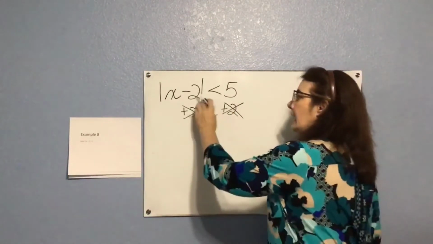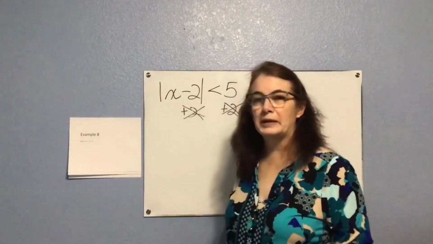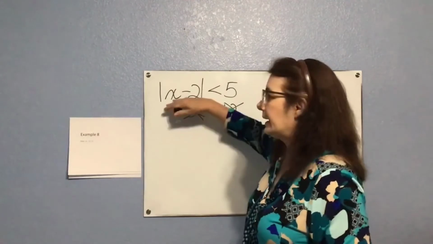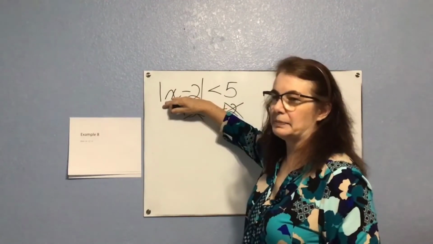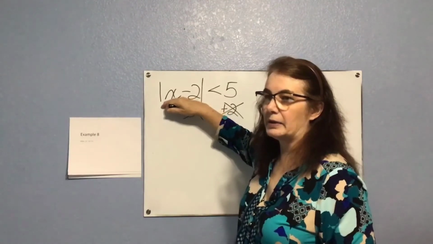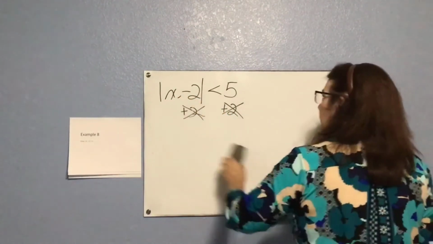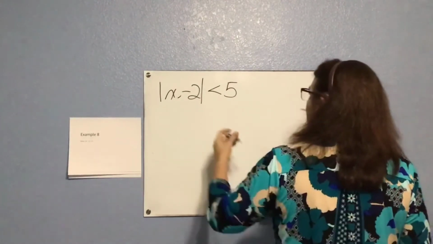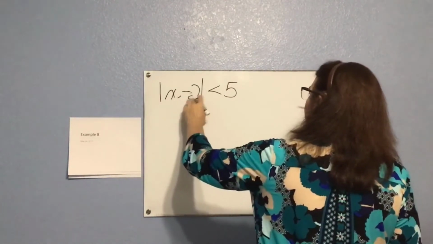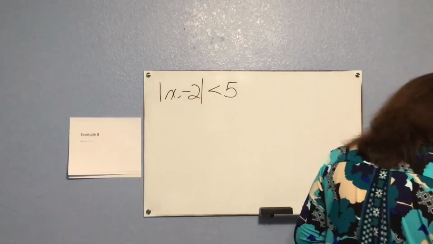Okay? Think of the absolute value symbol as a grouping symbol. Okay? I cannot take bits and pieces out of here and work with them as if they were not included in a group. So we are not going to do that. Okay? But I do have this absolute value is less than, so I can make it into a 3-part inequality.